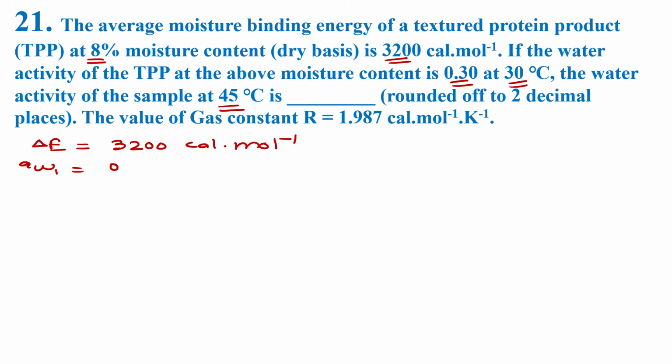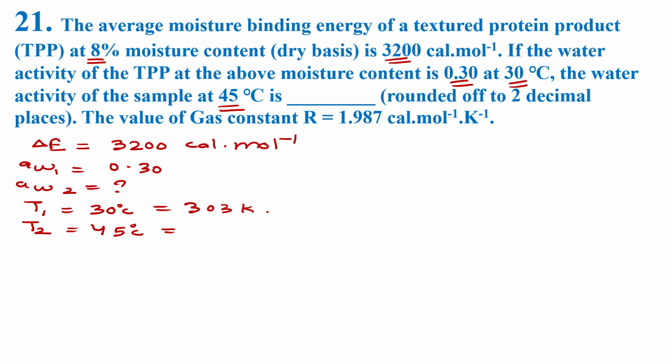AW2 we have to calculate. T1, that is 30 degrees Celsius, it is 303 Kelvin. T2 is at 45 degrees Celsius, at Kelvin it will be 318 Kelvin, and R is given to us.